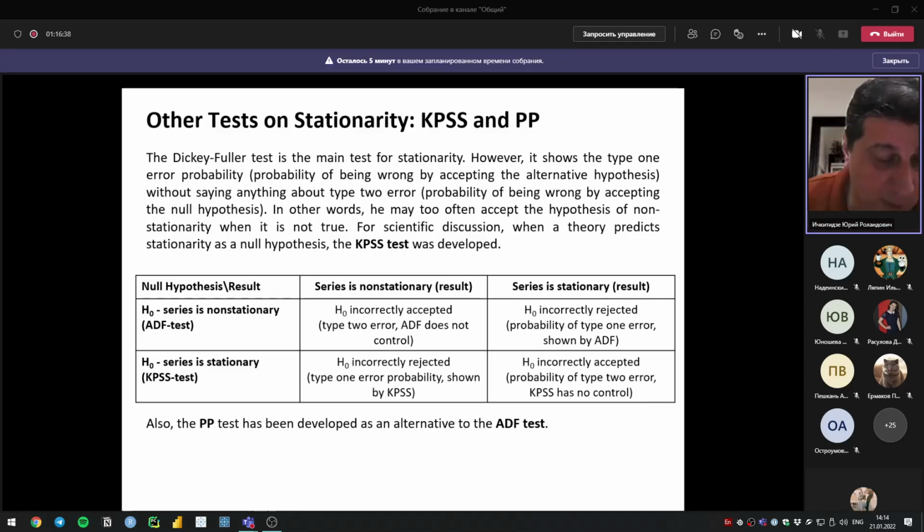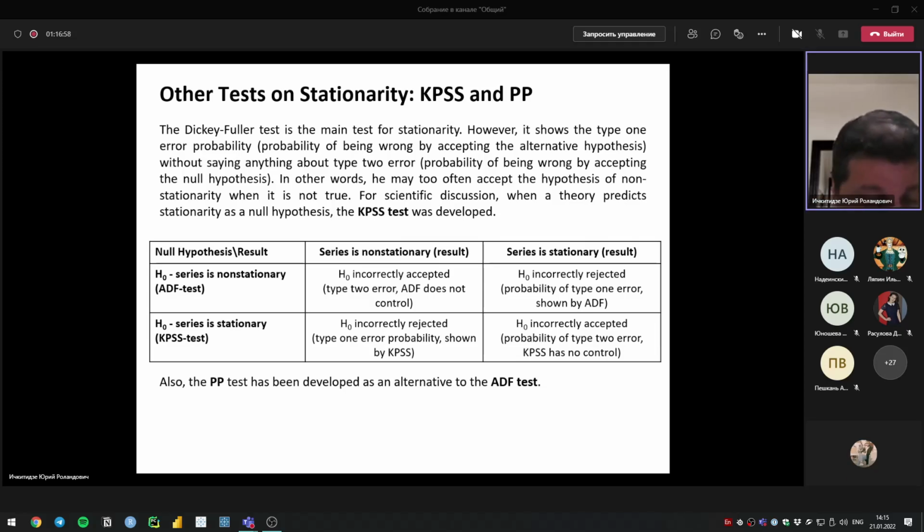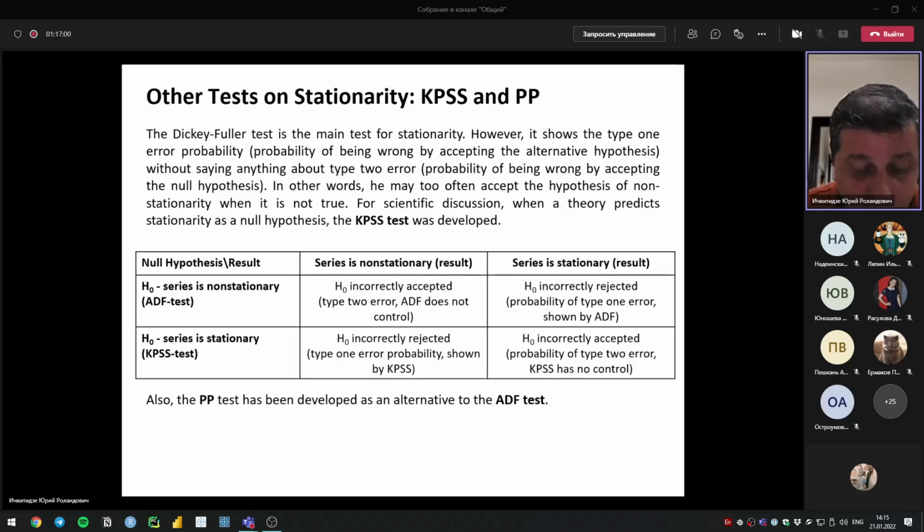If you are faced with such uncertainty, theory or econometrics tells you that you need to accept the hypothesis of stationarity for the whole family. That is, if for most countries GDP per capita is non-stationary, then it is also non-stationary for France, even though the DF test shows its stationarity.